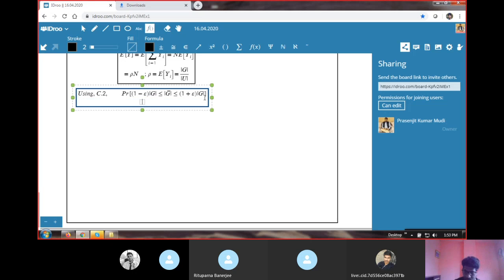So this probability is equal to 1 minus the probability of the complement.